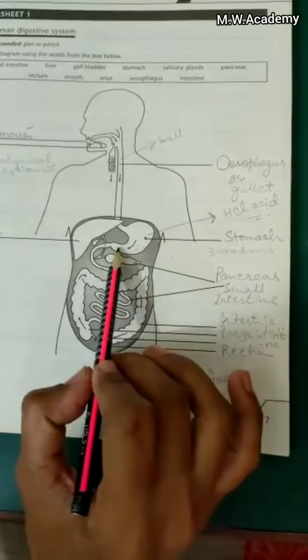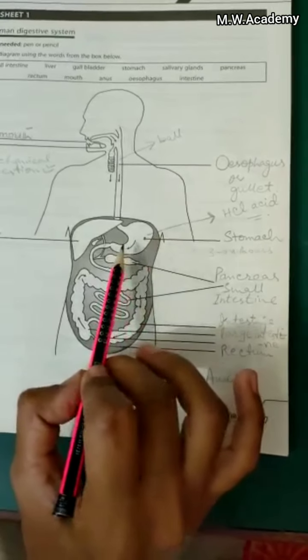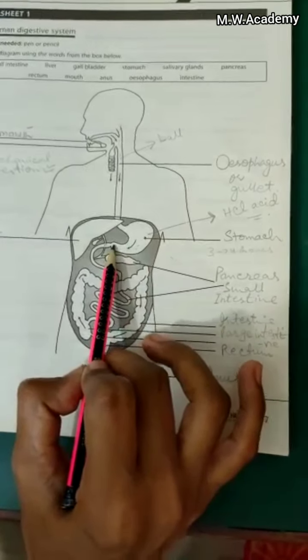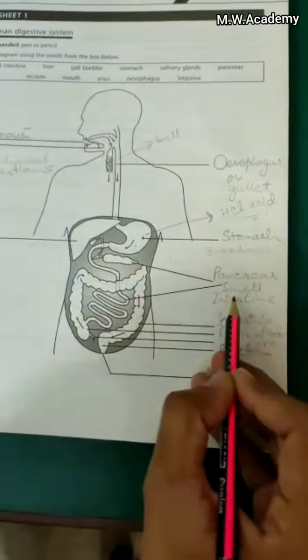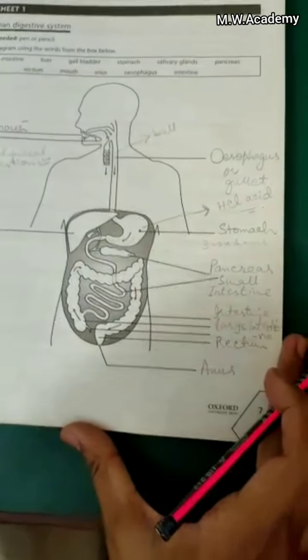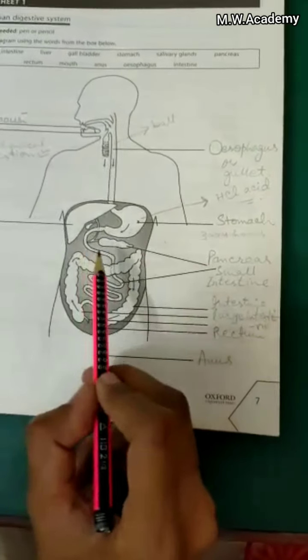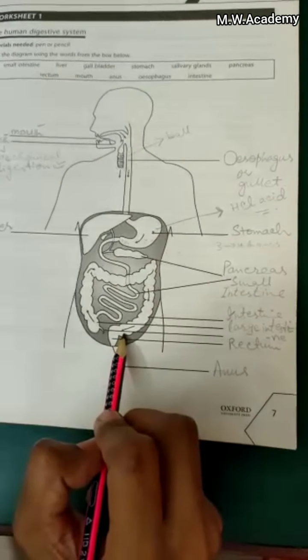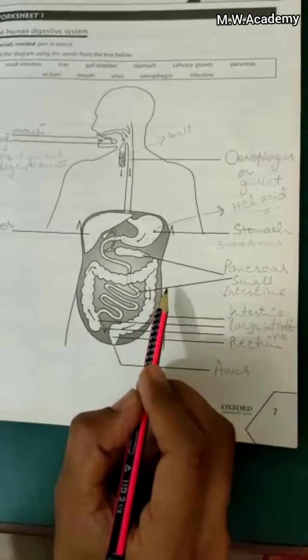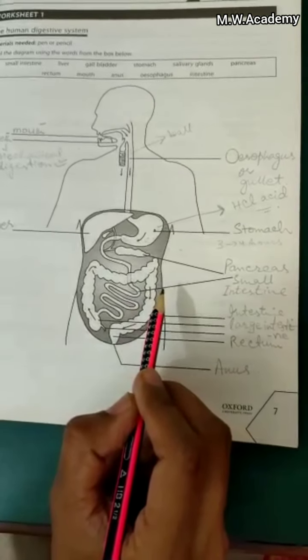Then the food, which is mechanically and chemically digested, enters the first part of the intestine, which is a very coiled and long tube, almost 17 meters long.